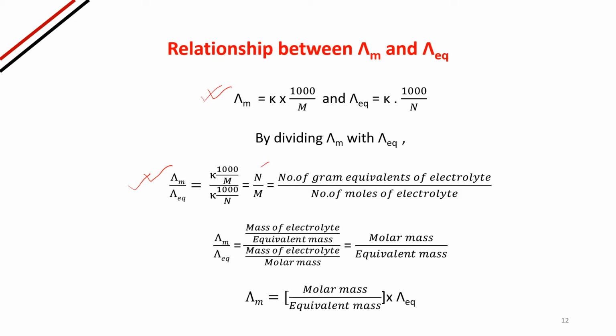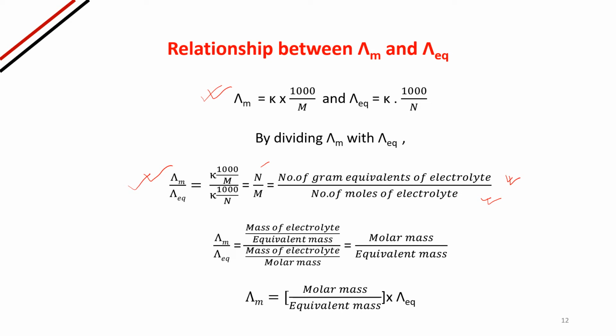Okay, what is n? n is the number of gram equivalents of the electrolyte and m is the number of moles of the electrolyte. Now in place of number of gram equivalents of electrolyte, I can write mass of electrolyte by equivalent mass. And number of moles of the electrolyte, I can write mass of the electrolyte by molar mass. Now from here again, mass of electrolyte and mass of electrolyte will get cancelled.